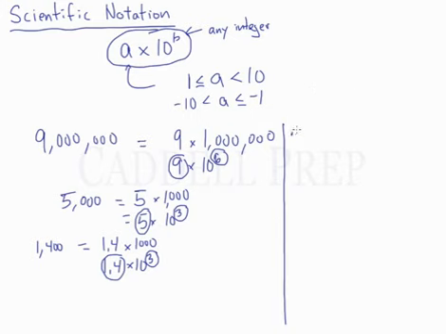For example, 0.0006. Okay, let's look at this. This is tenths, hundredths, thousandths, 10,000ths. This is really 6 10,000ths. Okay, so this is really 6 over 10 to the 4th.